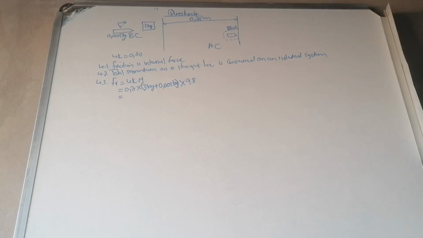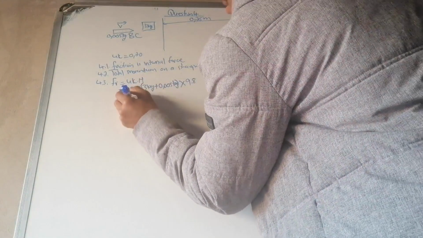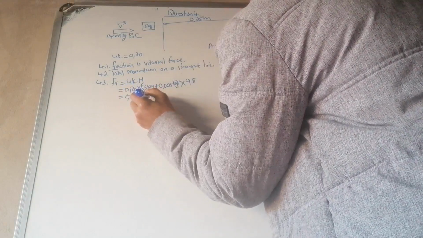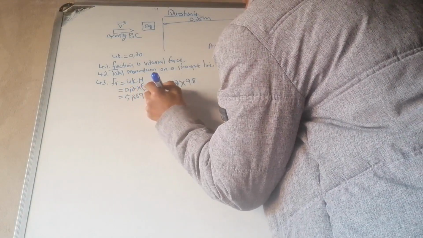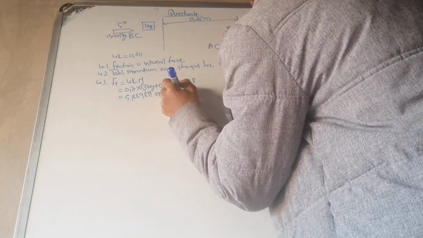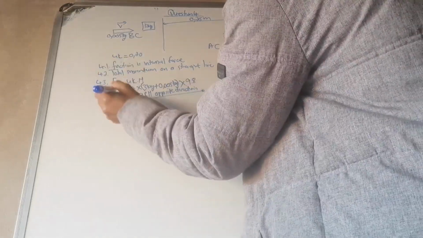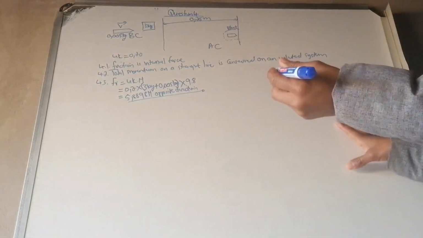And I'll find 5.8898 Newton in the opposite direction, because I know that friction will always go in the opposite direction.